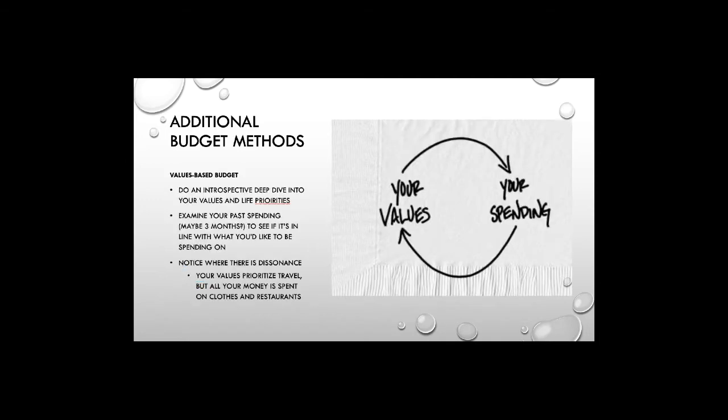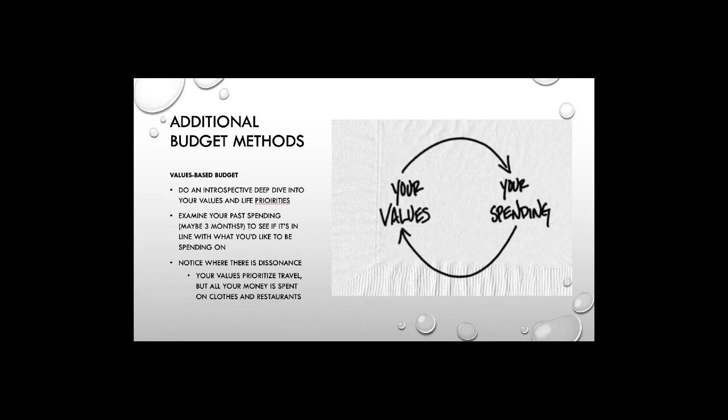There is also what we would call the value-based budget. What's the value-based budget? The value-based budget asks, well, if these are my deeply held values and convictions, is my spending really resonant with what I say my values are? So, how do you do this?